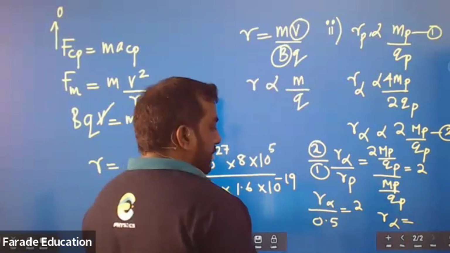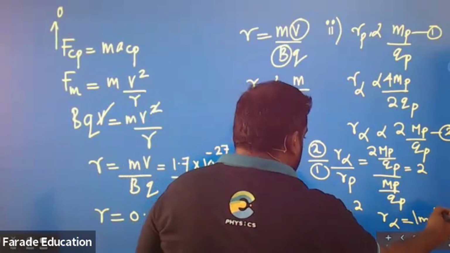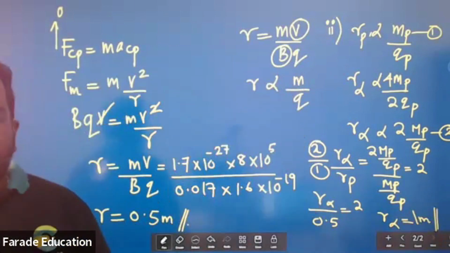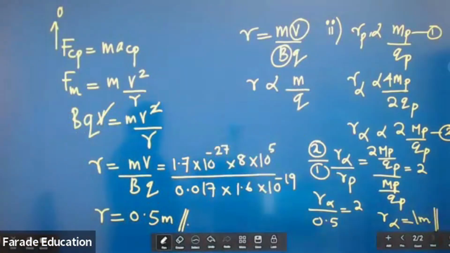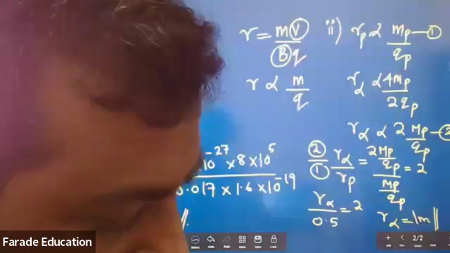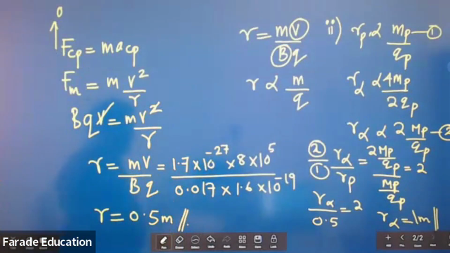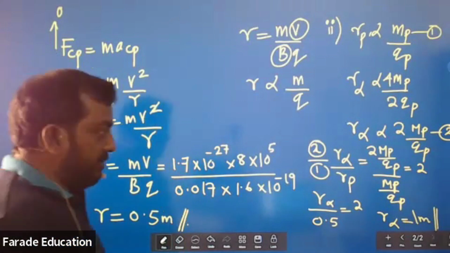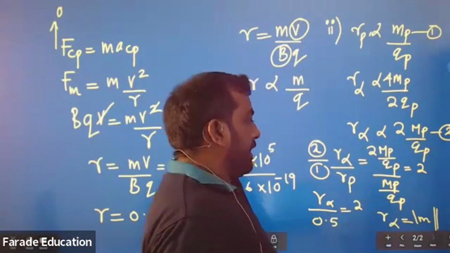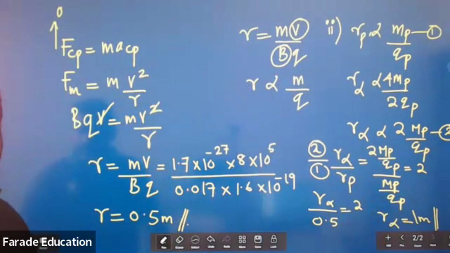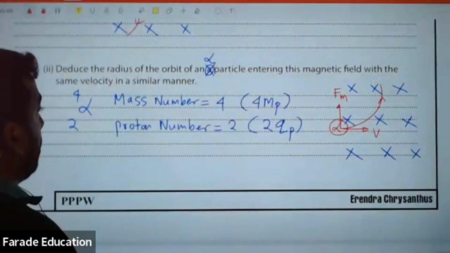Radius of the alpha particle is 1 meter. Easily we can find this. So since we found the radius, the radius of the alpha particle will be 1 meter. Okay, moving on.